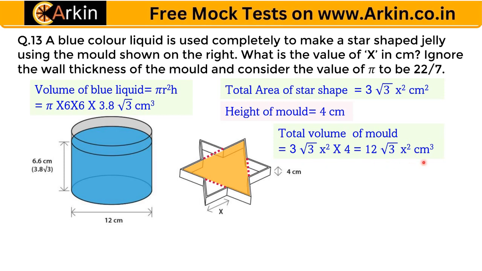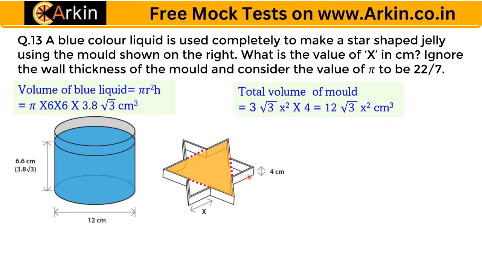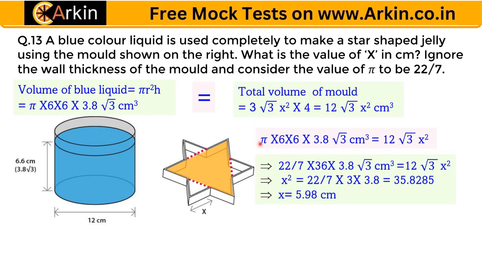So now we know that both are volumes. The volume of blue liquid should be the same as the total volume of this mold. So we equate these both and find out the value of x. If we equate, pi into 6 into 6 into 3.8 root 3 is equal to 12 root 3 x square.